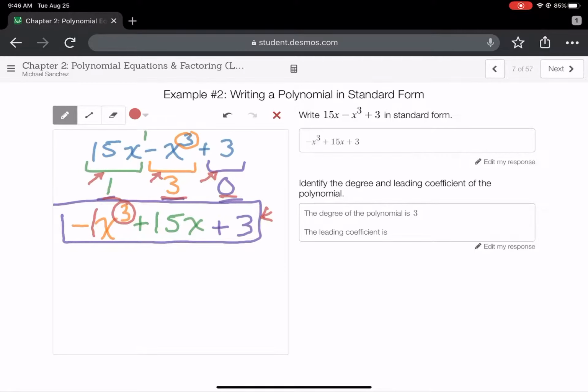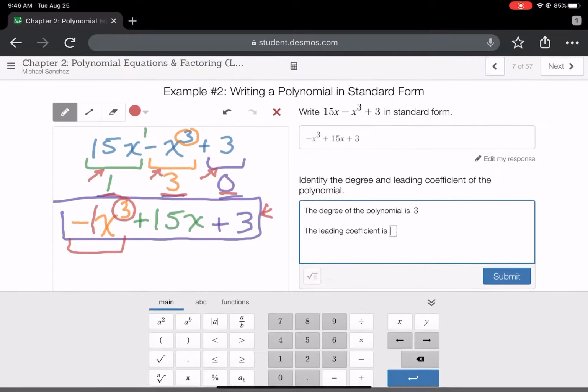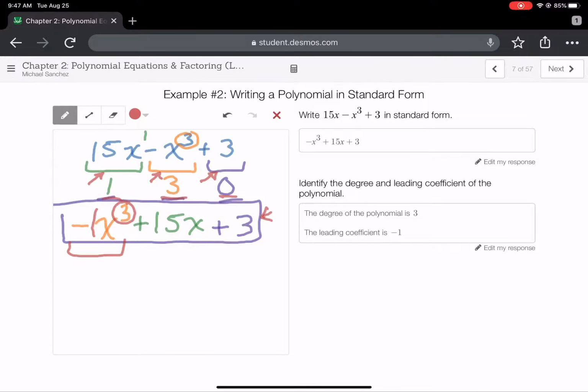So the leader, which one is the first coefficient? In this case, the leading coefficient is from this term. So our leading coefficient for the polynomial, we're going to write as -1, because it's the first coefficient. It's the coefficient that belongs to the term with the largest degree.